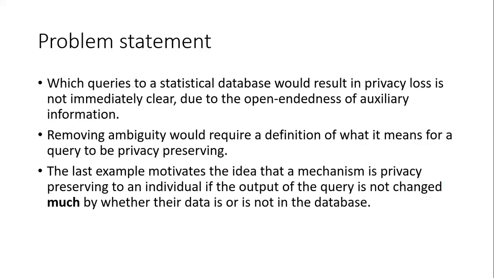And so in that last example, you had this idea that a mechanism is privacy preserving if a query to that database, the return value has a probability that isn't changed much by whether that person's data was in or not in the database.